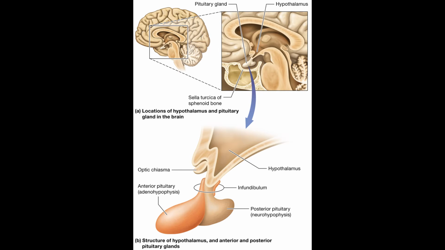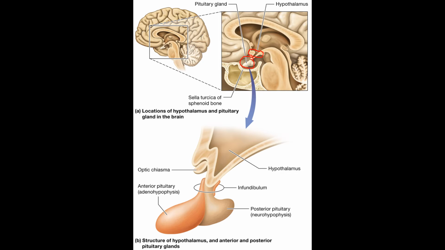So here you're going to see the hypothalamus is that small antero-inferior portion of the diencephalon of the brain. It is connected to the pituitary gland, which is often called the hypophysis, by a stalk called the infundibulum. The pituitary gland is a really small organ, about the size of a bean, that sits in the sella turcica of the sphenoid bone.